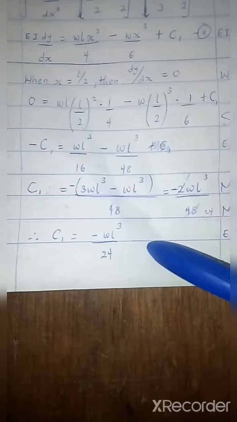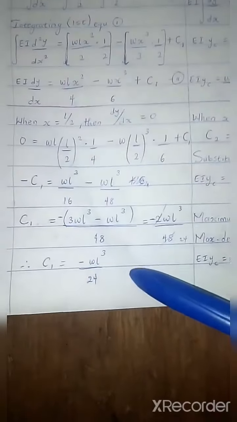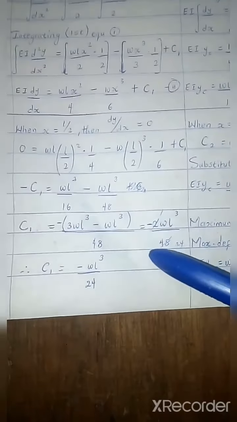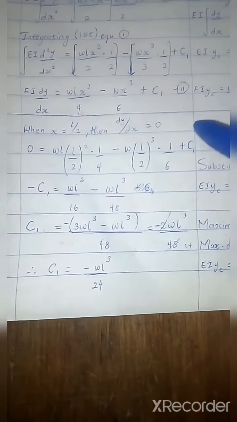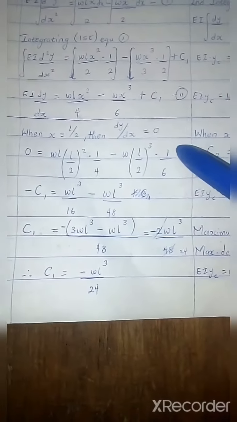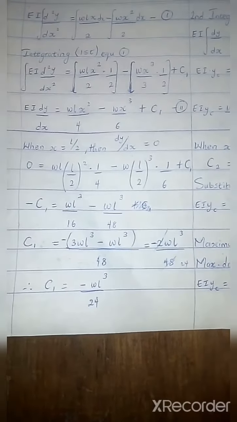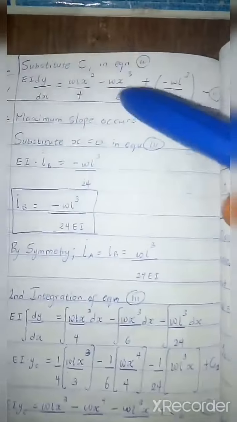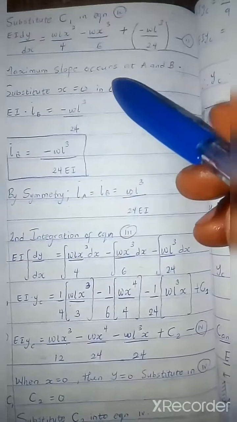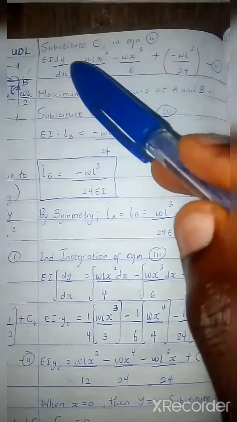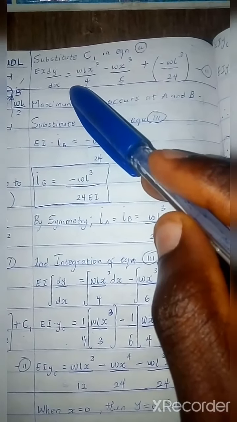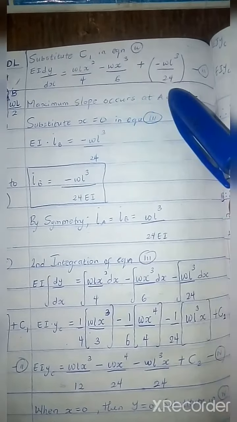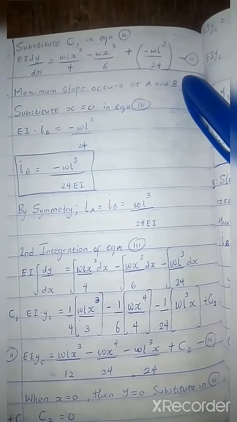After getting your constant, the next step is substituting the constant of integration into the previous equation, that's equation 2. You substitute it into equation 2, then you resolve it to be this. You can see, then call it equation 3.